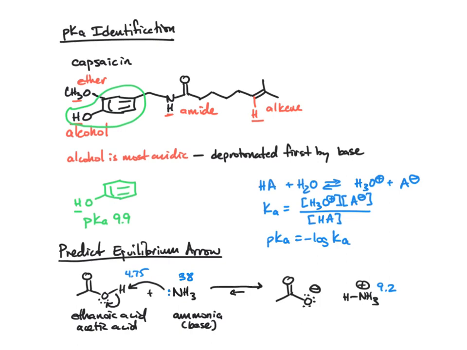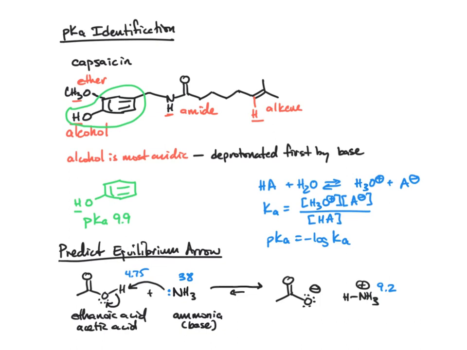So in this reaction, the pKa of the ammonia itself really doesn't play a role. Because what that's telling you, ammonia is a weak acid. If you were to abstract a proton from ammonia, what would you get?